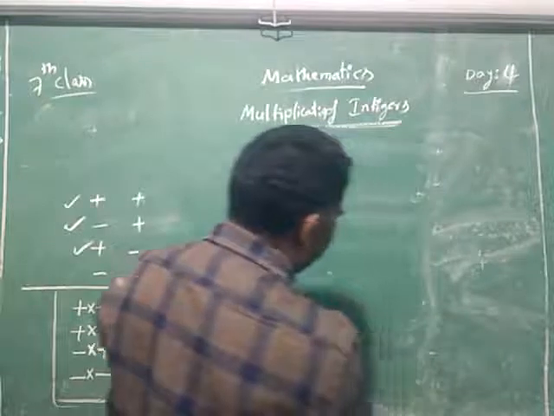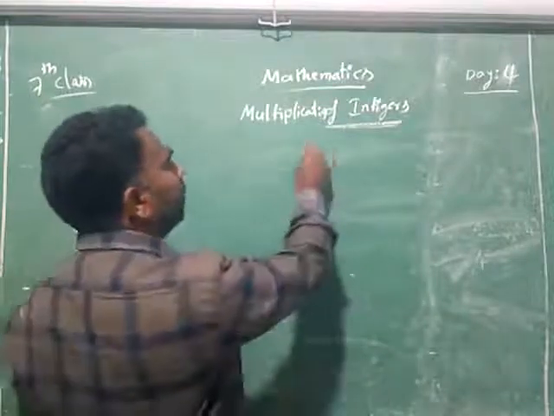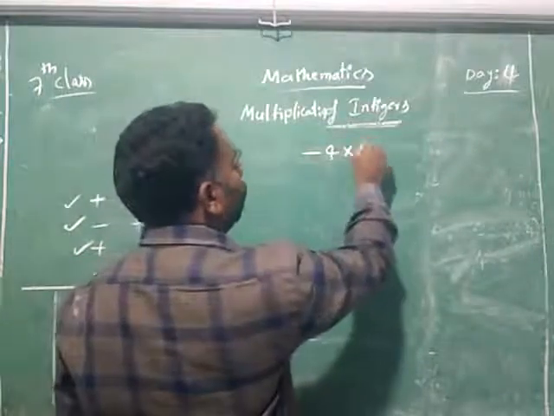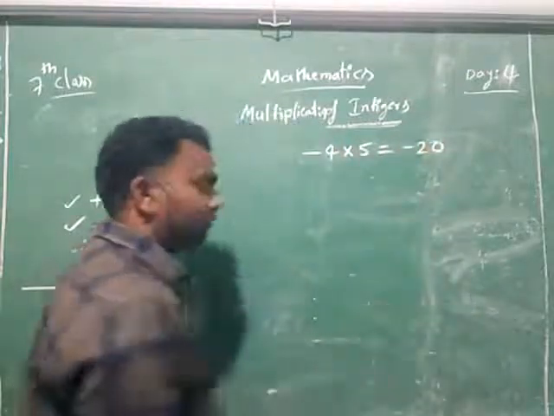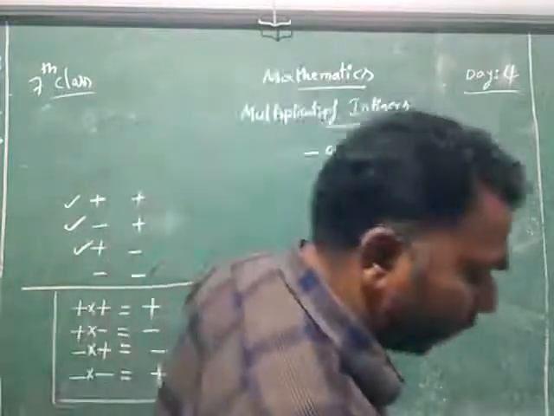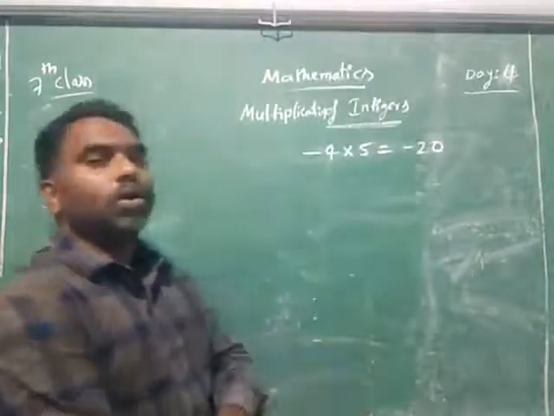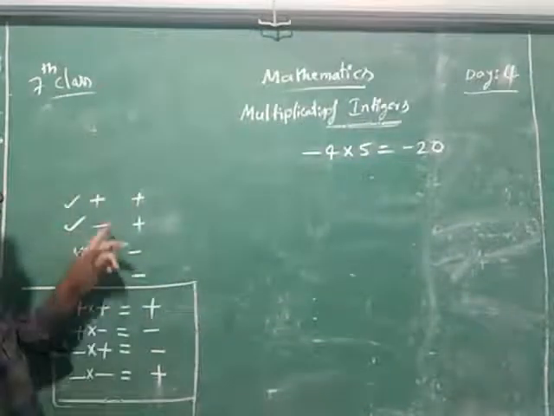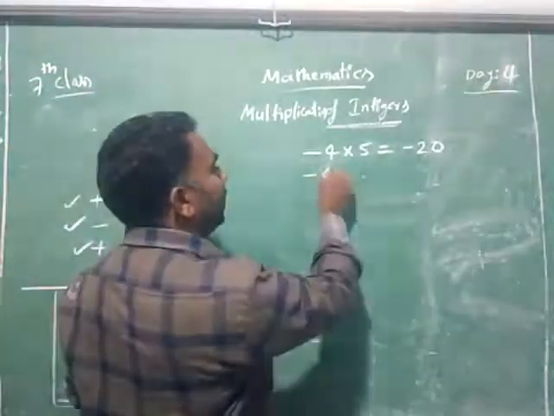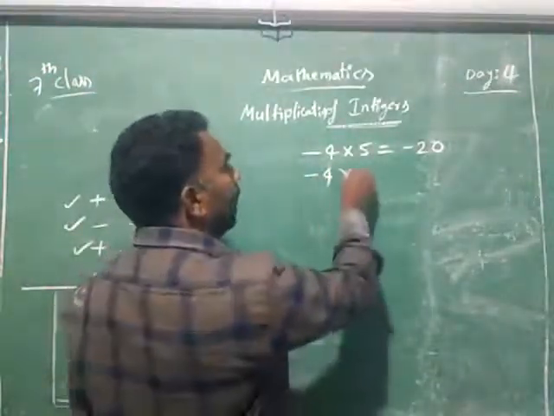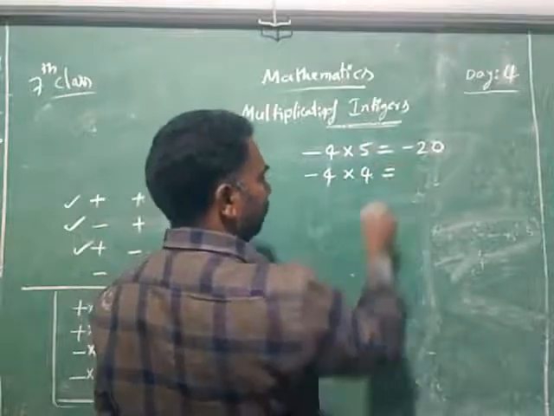Now another method. Finally you have found this here. What is that? Minus 4 into 5 is equal to minus 20, in the earlier sequence. So now I am continuing the sequence. Minus 4 as it is, and I am taking 1 less here.